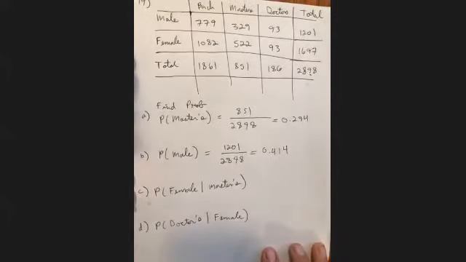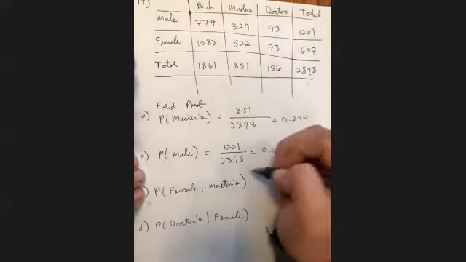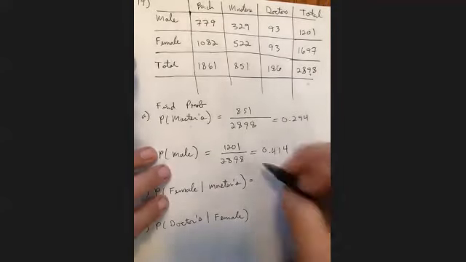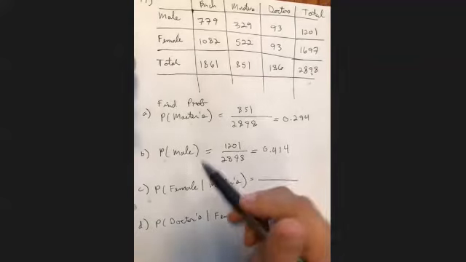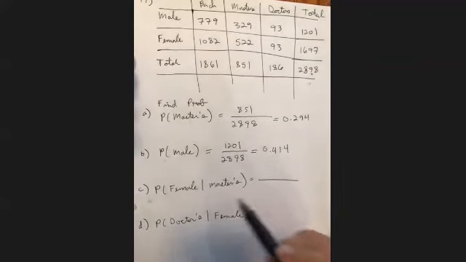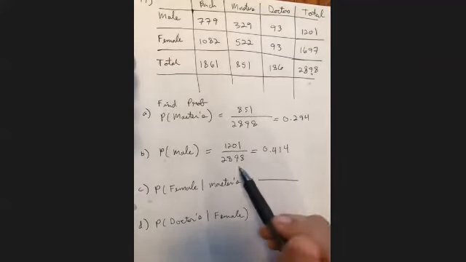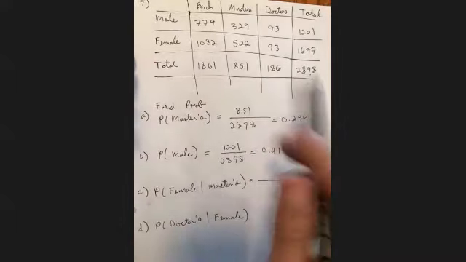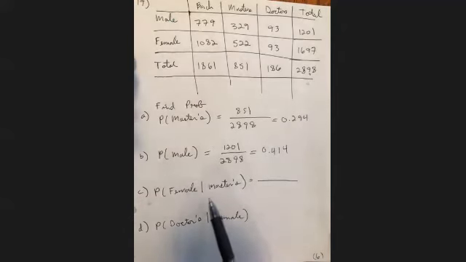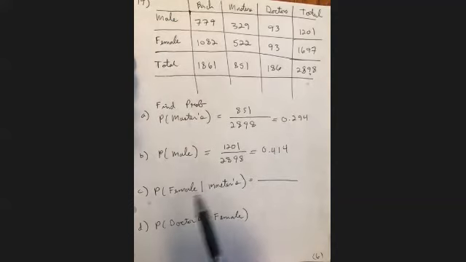All right. Now we're asked to compute a conditional probability. For conditional probabilities, we use the given, the second piece of information here, to help us eliminate numbers in our table that we don't need. So we're looking at the probability that we will select a female given they have a master's.